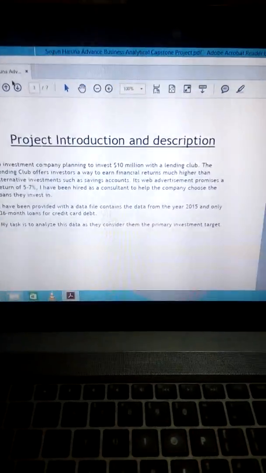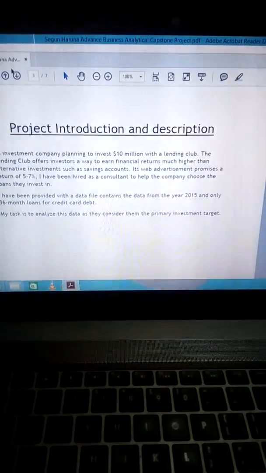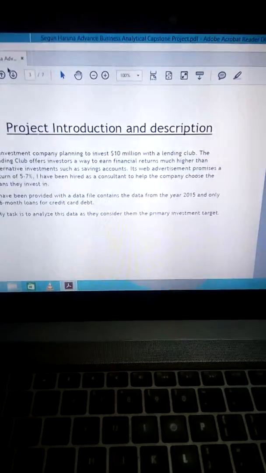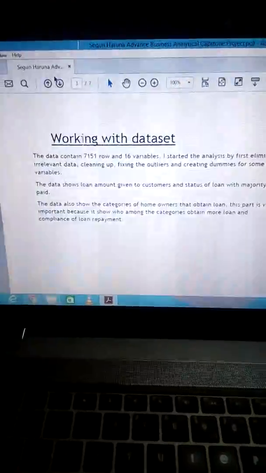As advertised on the website, you could get between 5 to 7% return on investment. So that's it.